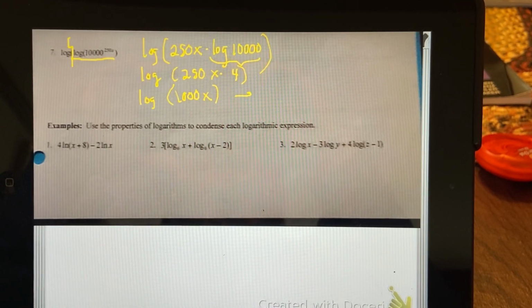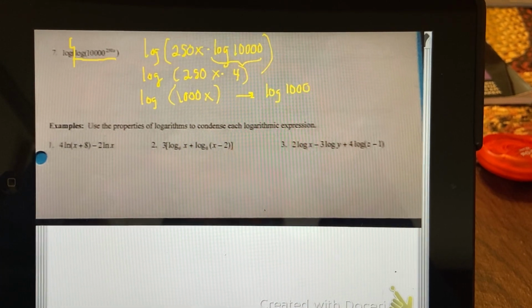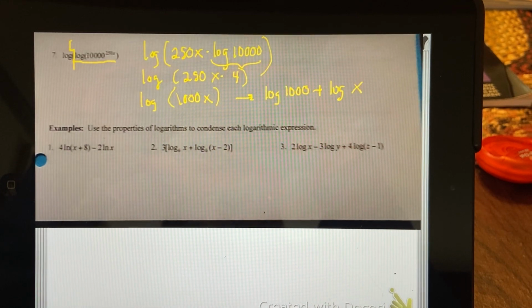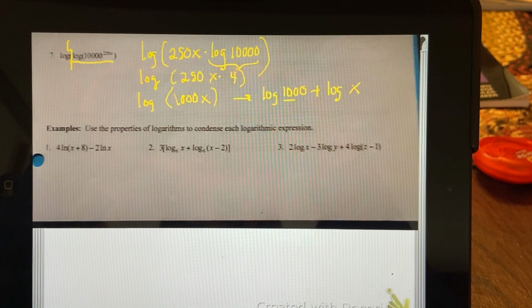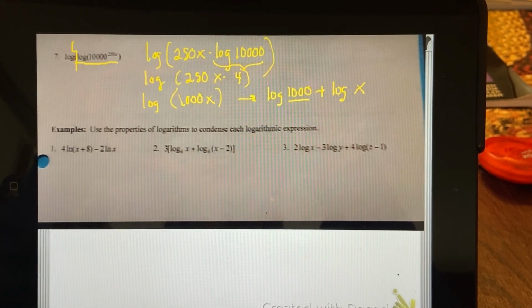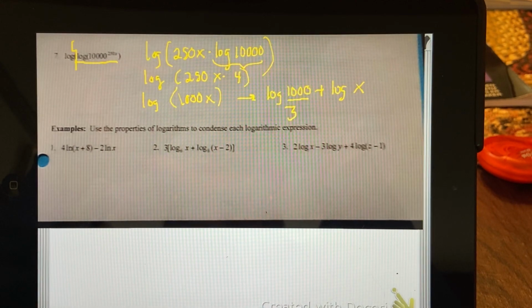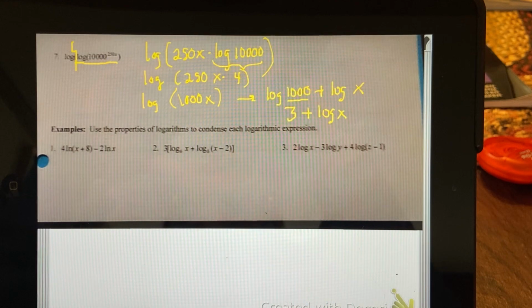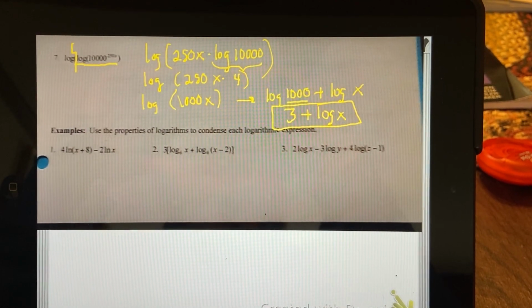So this really means log of 1,000 plus log of x. Well, what's log of 1,000? I can rewrite that. That's a number. Well, how many zeros? 3. So that is 3 plus log of x. Final answer. Okay?